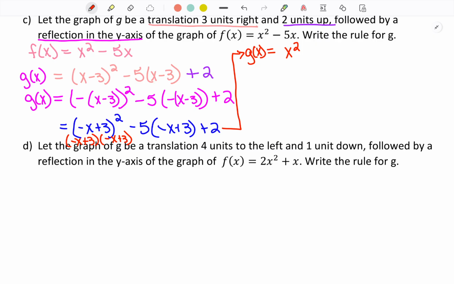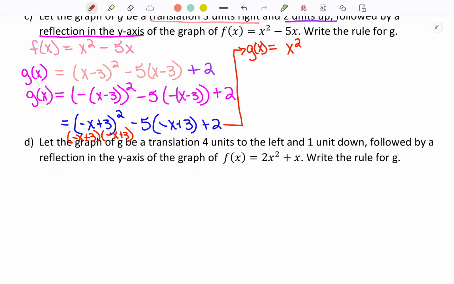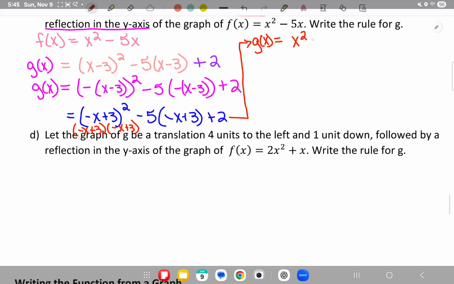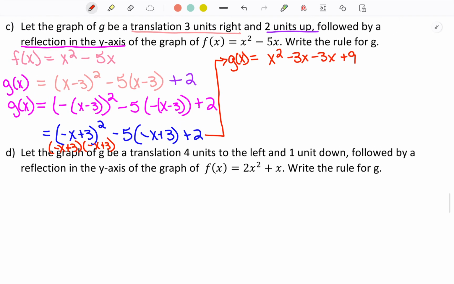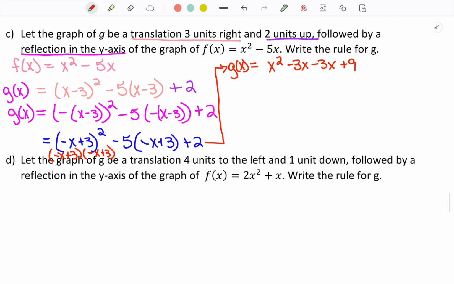And so it's going to be x squared and then minus 3x minus 3x plus 9. And then we can distribute our negative 5. That's going to give us a plus 5x minus 15 plus 2.